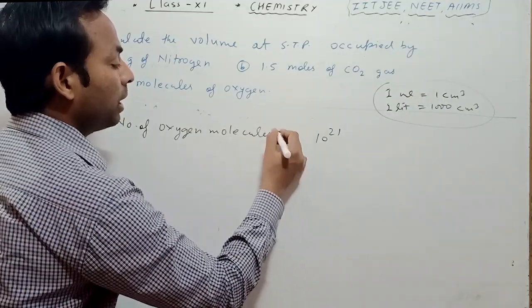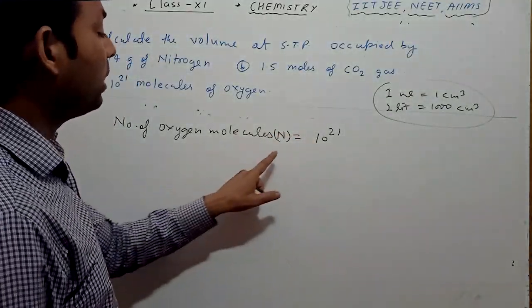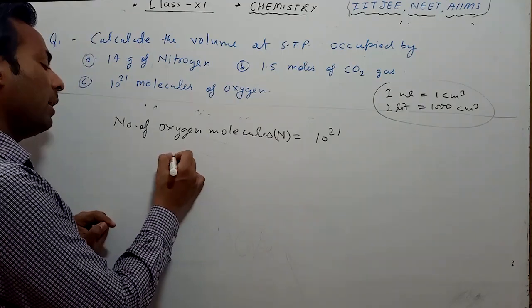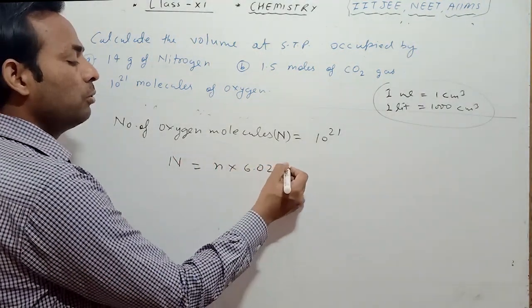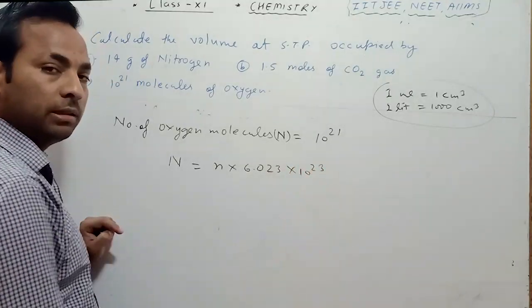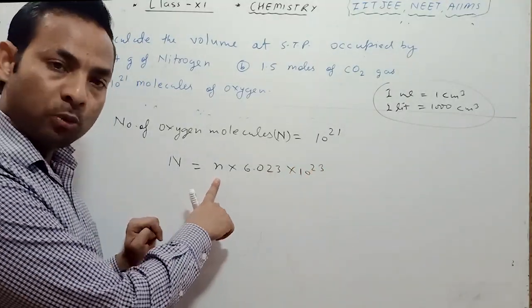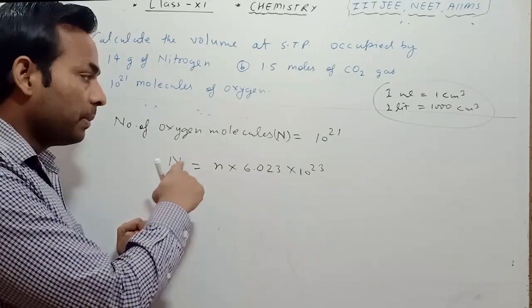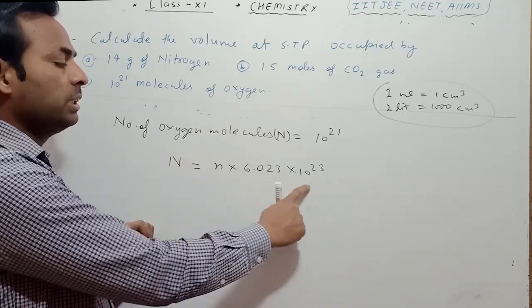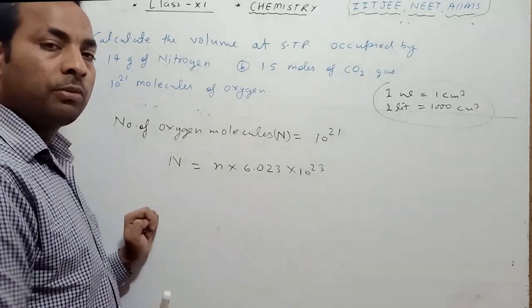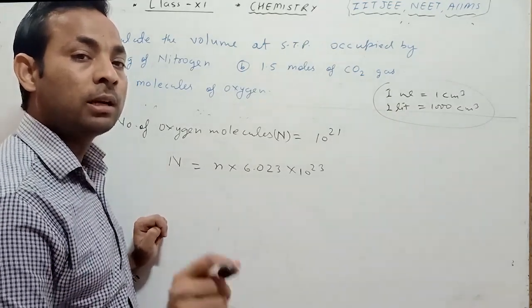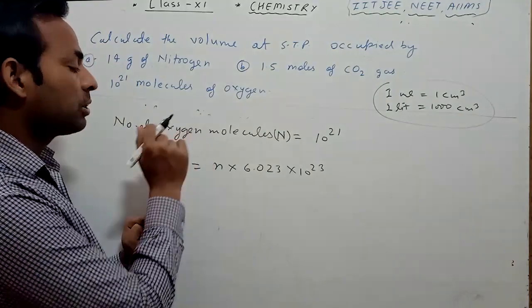I know the number of any particles is represented by capital N. I know already N equals n into 6.023 into 10 to power 23, where n is the number of moles of gas, N is the number of gas molecules, and this is the Avogadro number. By using this formula, first we can calculate the number of moles of oxygen gas.